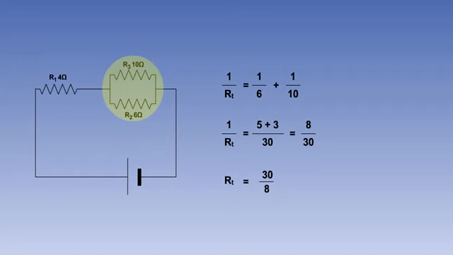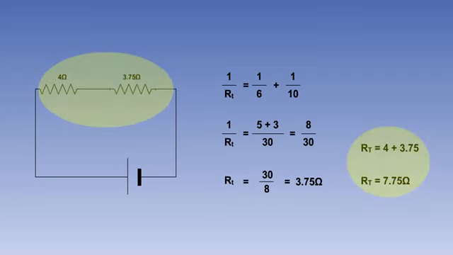Inverting this gives us 30 over 8, which is 3.75 ohms. To find the total resistance in the circuit, we add this to R1. So the total resistance is 3.75 plus 4, making a total of 7.75 ohms.